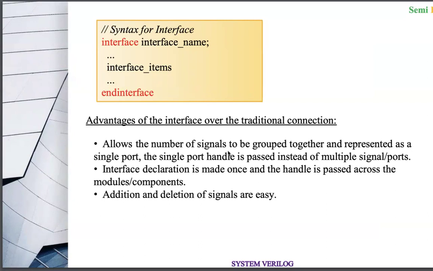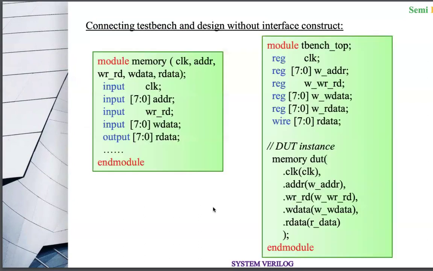So instead of taking a single port signal, multiple signals will be taken in a group connection. So it is easy to add or delete methods. This is the normal traditional method in Verilog: whatever the input and output data are, in the test bench we will consider them as reg data type and wire data type. In DUT, we'll write the instance of that design.